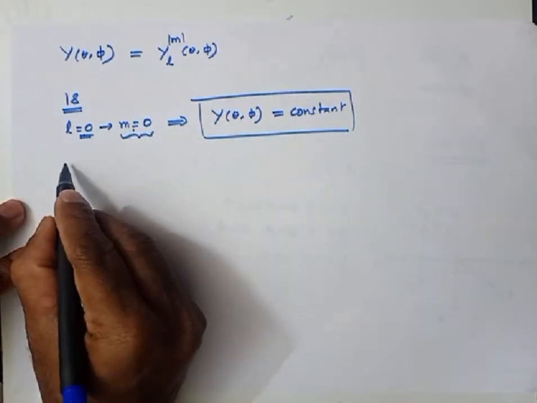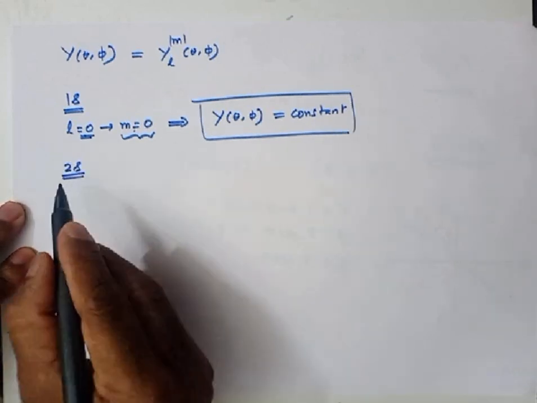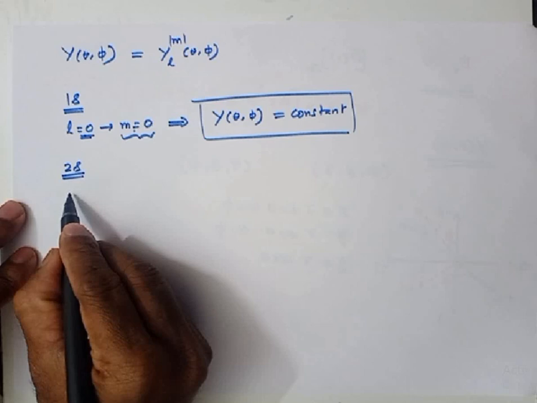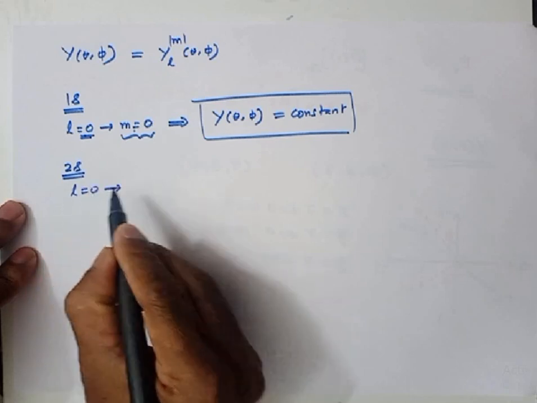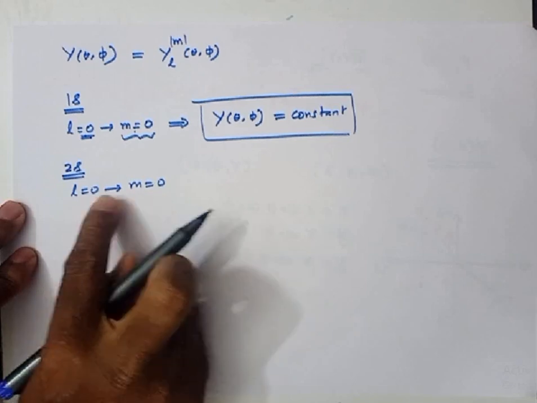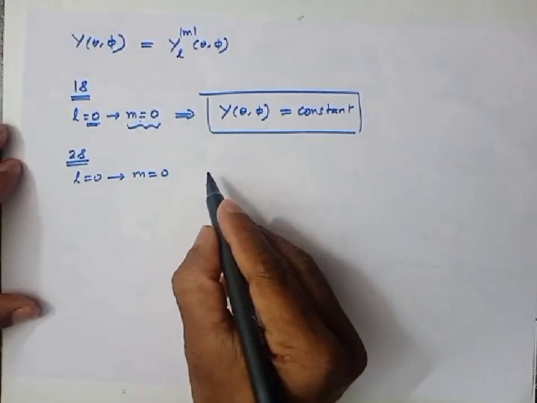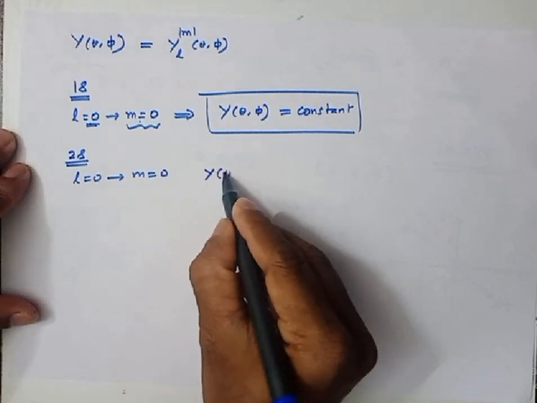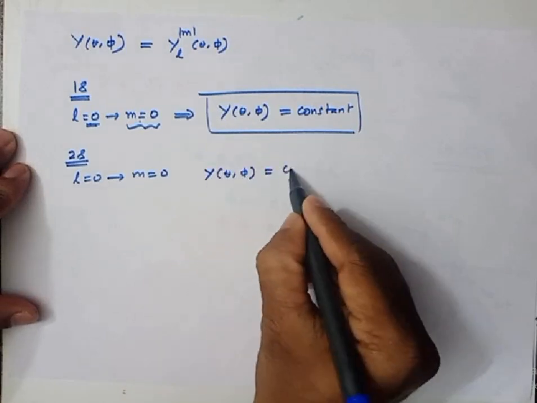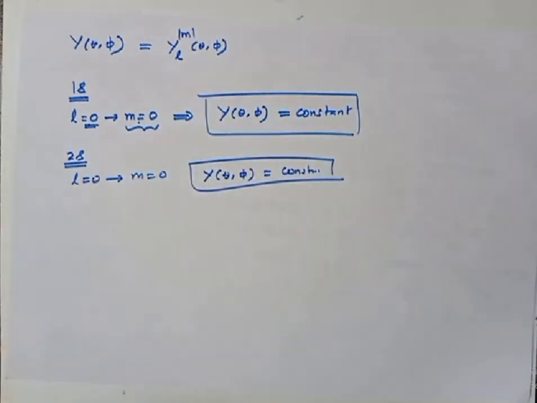Why? Can anyone tell me why? Suppose you take the 2s orbital. What's the value of l? l is 0, sir. For any s orbital, l is 0 and m is 0. If l is 0 and m is 0, it is spherically symmetric, and the angular part of the wave function is a constant. Is this clear? Any doubt in this? No, sir.